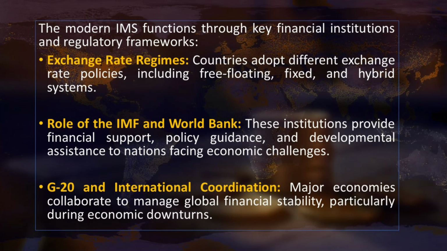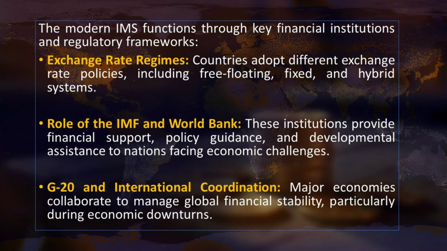So now exchange rates are determined by market forces with occasional government intervention. If there is a need for government intervention, then the government will intervene. Otherwise, exchange rates are determined by market forces, that is, demand for a particular currency and supply of a particular currency. It is basically managed by the G20 countries, evolving from the initial G5 in the 1980s.